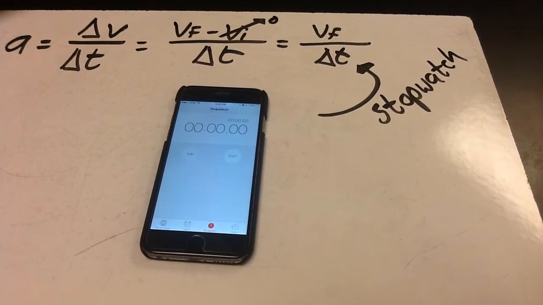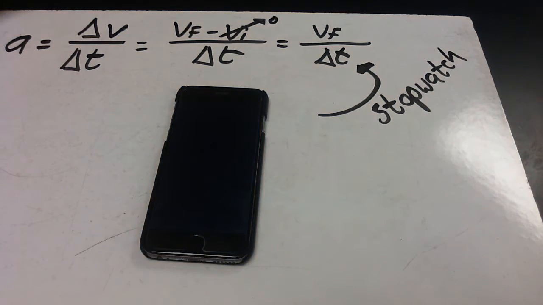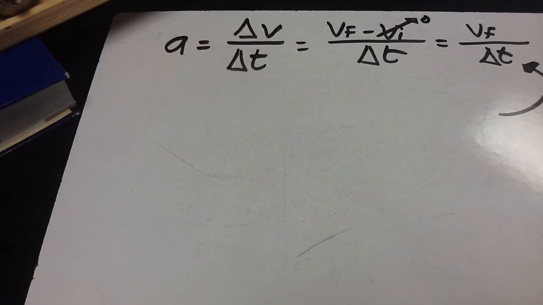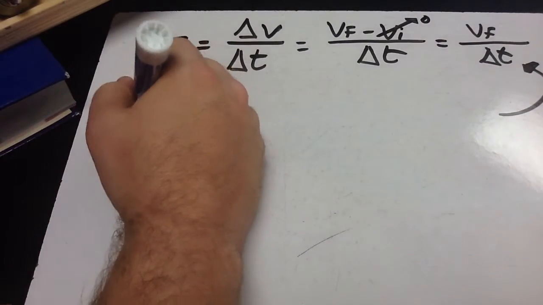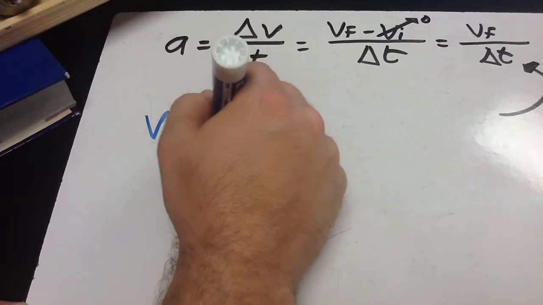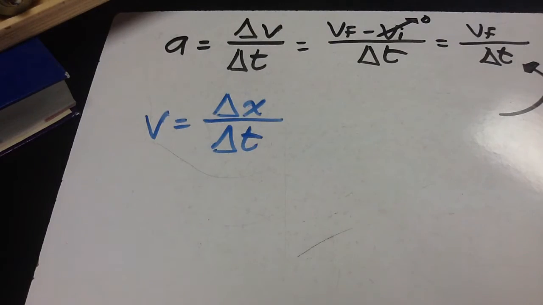The next thing that we need to do is figure out the final velocity of the cart. We know that we can measure velocity by using change in position over change in time, just like we started learning on the second day of class.